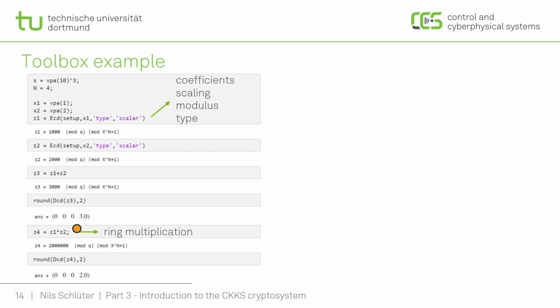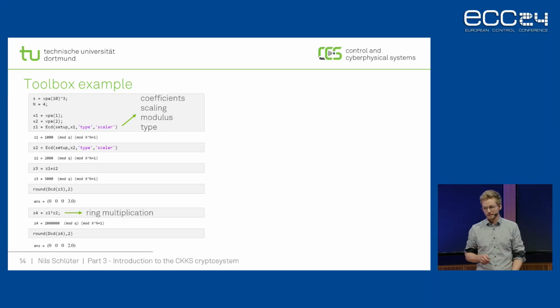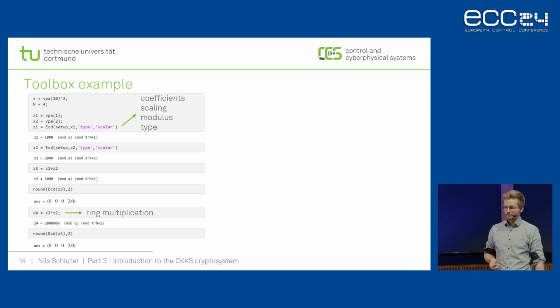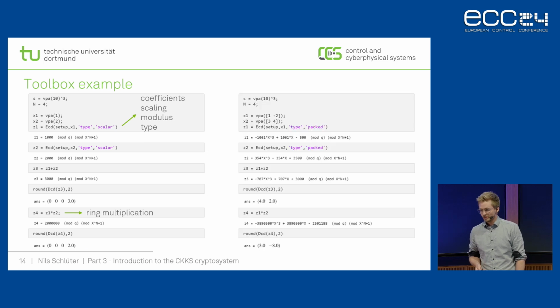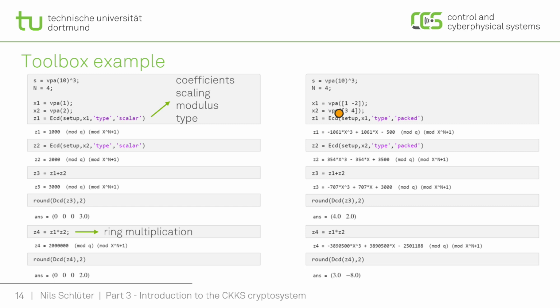If we have the ring multiplication here, the scaling factor grows, as Moritz already told us, because the multiplication increases the scaling factor. And therefore, we need to decode with the appropriate scaling factor. This is done internally by using the scaling property of the polynomials. And then, of course, we get here the result, which is 2. So 1 times 2 is 2. In the packed case, it works very similarly. The difference here is we can use multiple values.